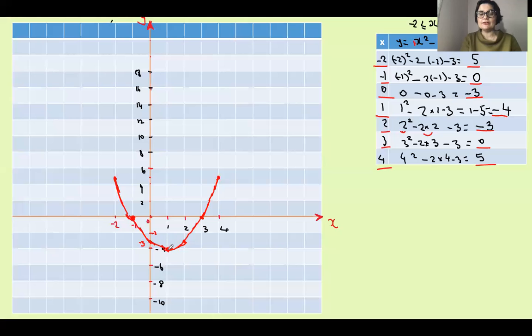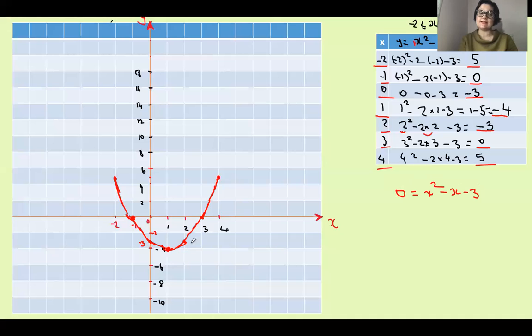find the solutions of the equation 0 equals x to the power of 2 minus 2x minus 3. So for what values of x is y equal to 0, making this equation true.